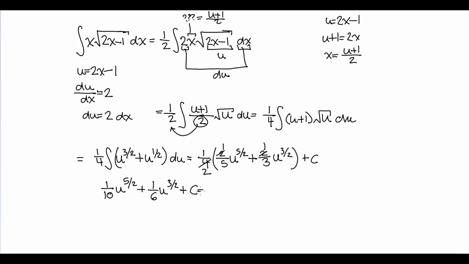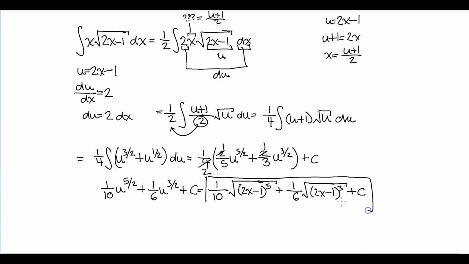And if we were to substitute back in, we get 1/10, let's use radicals, times the square root of 2x minus 1 to the 5th power plus 1/6 times the square root of 2x minus 1 to the 3rd power, all that plus c.